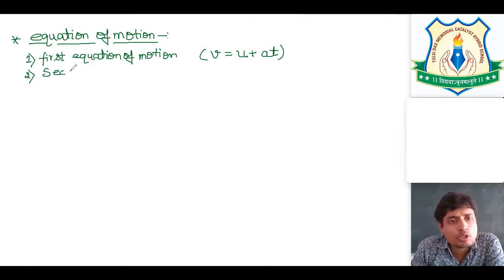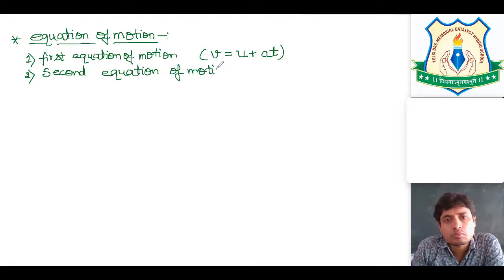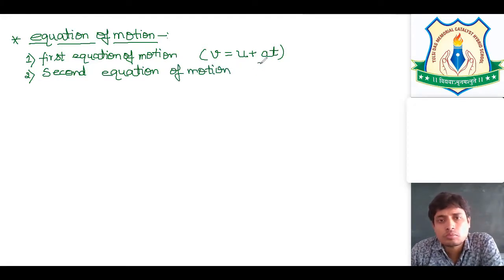Second equation of motion is s equal to ut plus half at square.